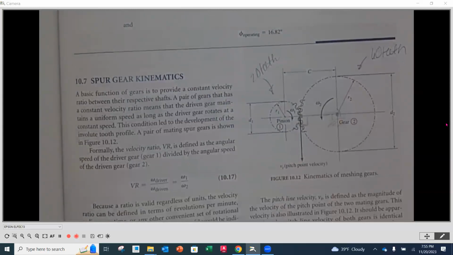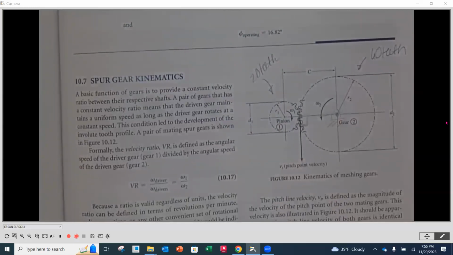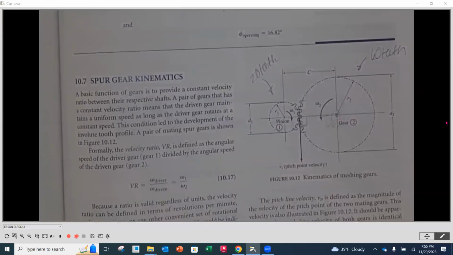So this velocity ratio is looking at the angular velocity ratio of our input, our driver, to our output, our driven, the one that's going slower. How many times does that driver have to go around to get the driven one to go around once? Sometimes that number is an integer, so it might be 2 times, it might be 4 times.